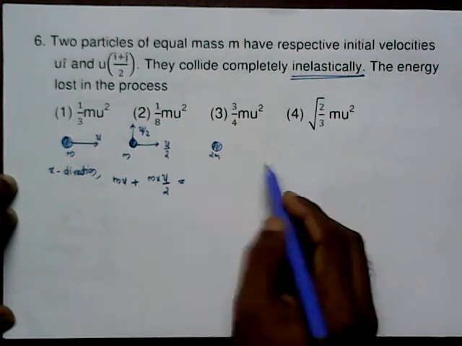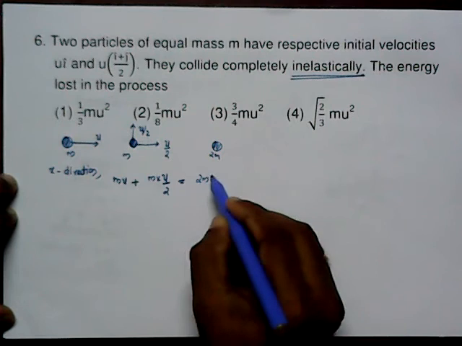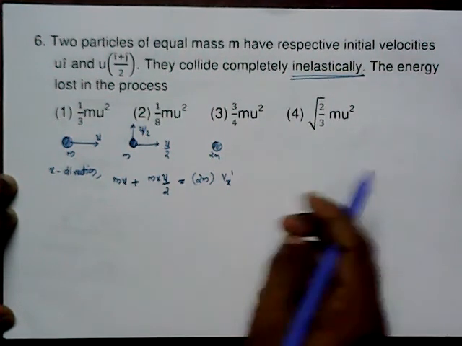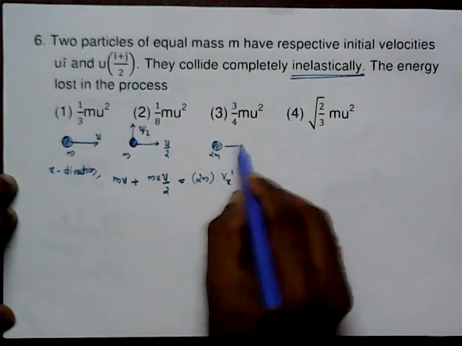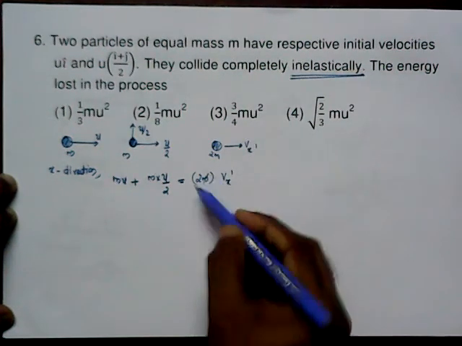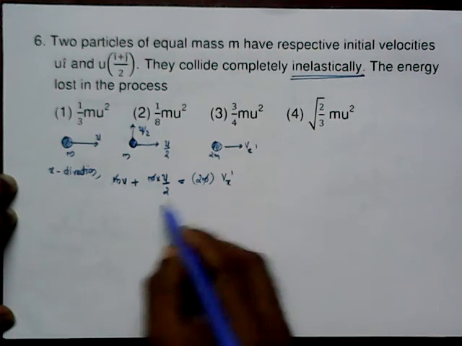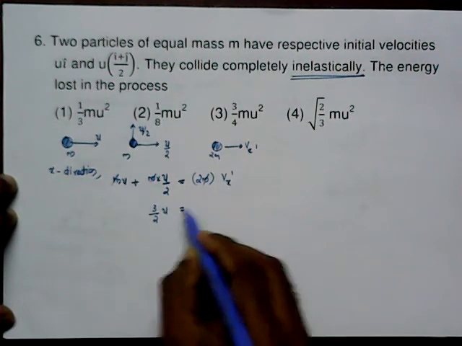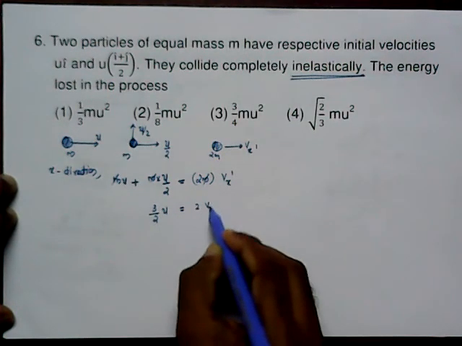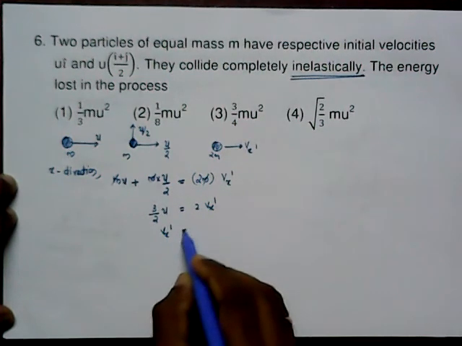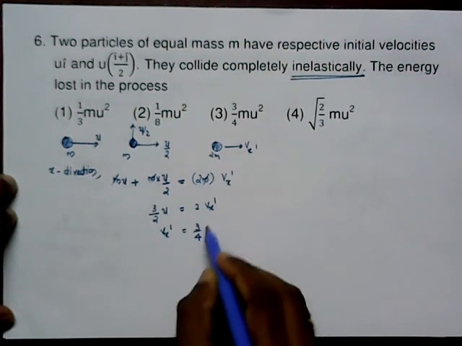Then after collision, the combined 2m has an x velocity, say vx dash. So you just cancel that m value. So 2 plus 1 as 3 by 2 u should be equal to 2 into vx dash. So we get vx dash equal to 3 by 4 u.